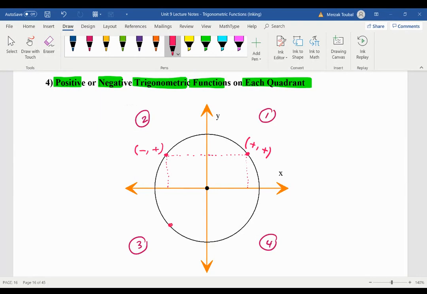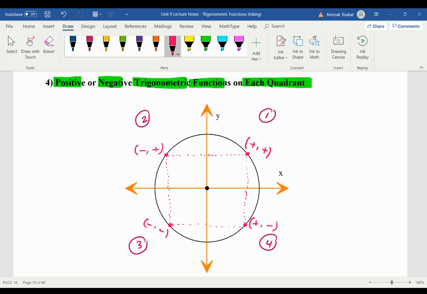Then in quadrant 3, the x coordinate is negative, and the y coordinate is negative. In quadrant 4, the x coordinate is positive, and the y coordinate is negative.